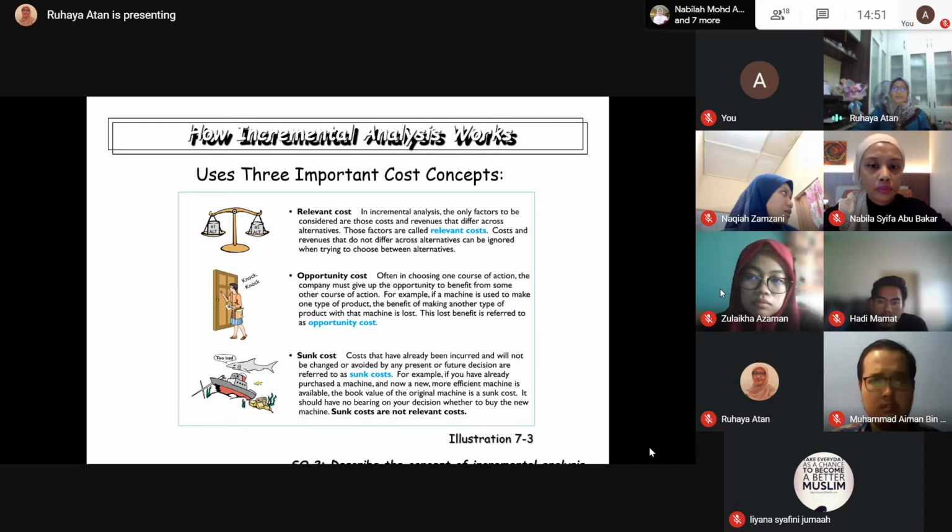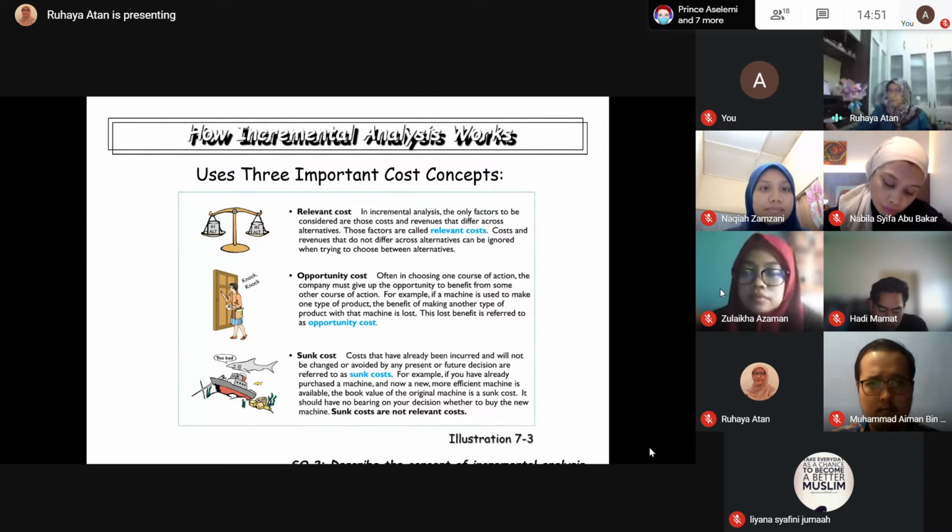Simple example given here: if a machine is used to make one type of product, the benefit of making another type of product with the machine is lost. Okay, so this is what we call opportunity cost. So the lost benefit is referred to as the opportunity cost.